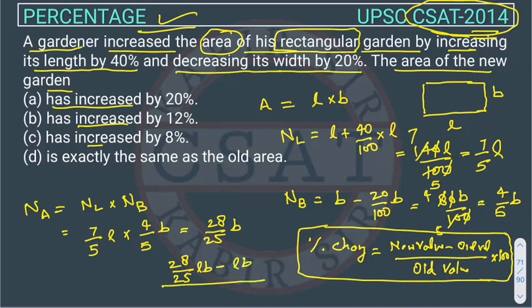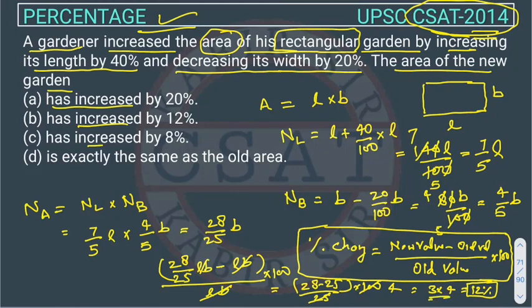Here will be the LB. This LB we can take common and it will cancel this, right? When we solve this, it will come out 28 minus 25 upon 25 into 100. This 25 will cut this 4 times and there will be 3, so 3 into 4 is equal to 12%.